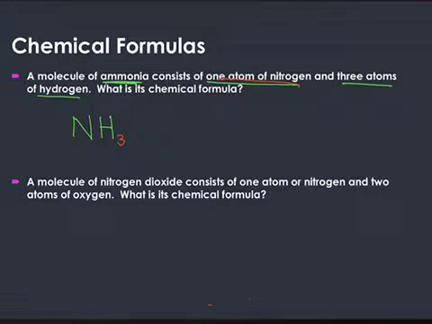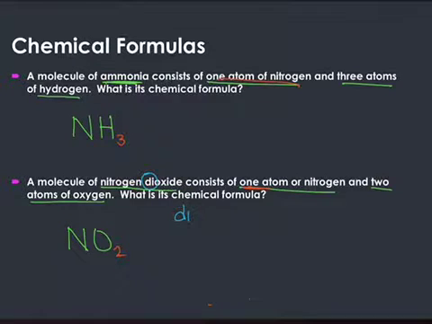Our next example, we have a molecule of nitrogen dioxide, has 1 atom of nitrogen, and then 2 atoms of oxygen. So again, start with your symbols. We have nitrogen, and then oxygen. And then we have to worry about the subscripts. So on nitrogen, it's only 1 atom, so again, we don't write the 1. And then on oxygen, we have 2 atoms, so we would need to indicate that with a 2. What we are going to come across here is what we call prefixes, or the start of the word. And so some of these prefixes will indicate quantity.